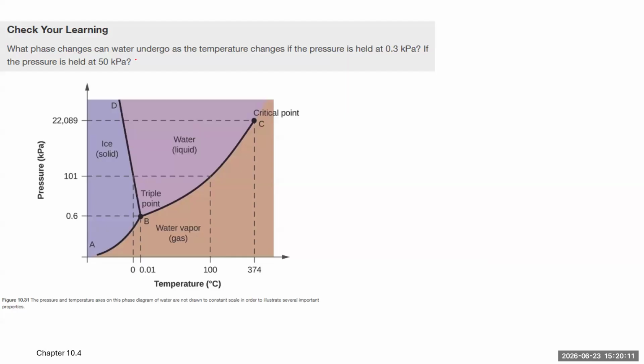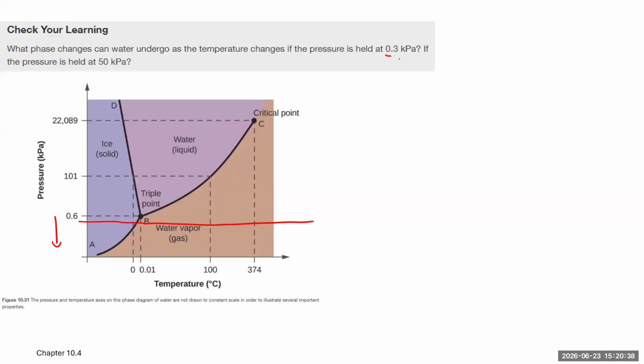What phase changes can water undergo as the temperature changes if the pressure is held at 0.3 kilopascals? So here's about 0.3. We don't really know. All we know is that it's below 0.6, and the relevance is that the triple point ends up at 0.6. So we want to be below 0.6, at, let's say, 0.3 as they're asking.